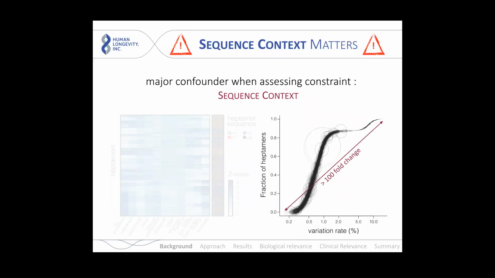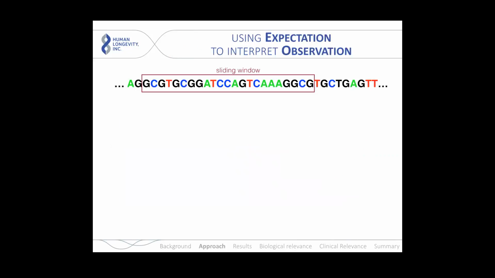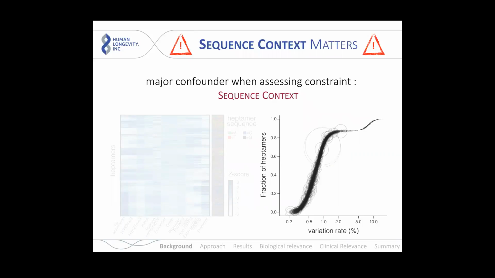So there is more than 100-fold change across heptamers in terms of variation rate. All right, so now I hope I convinced you that the sequence context is really important to take into account. So when we analyze variation throughout the genome, we should definitely take this into account. And this is how we did it.